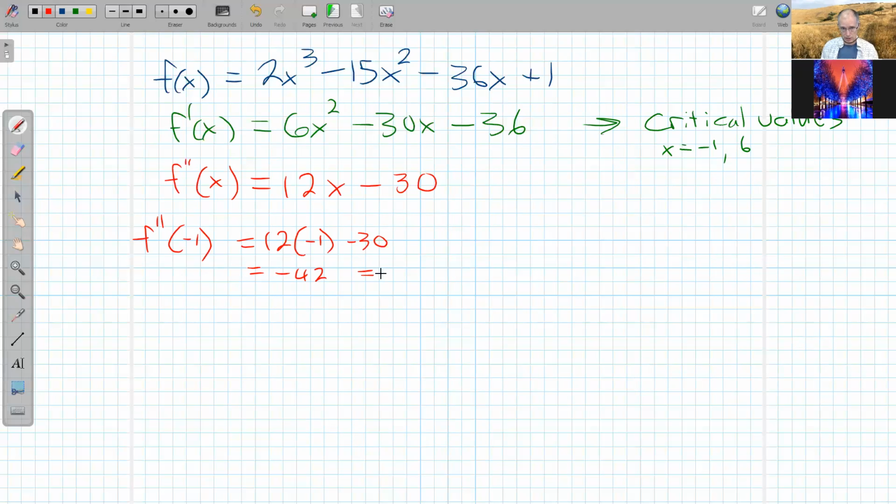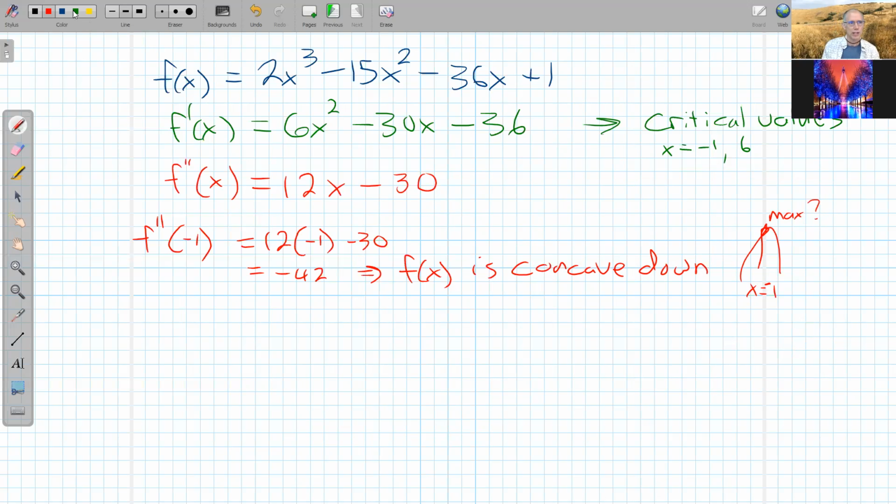That implies that f of x is concave down there. So if f of x is concave down and my slope changes sign there, which is what the critical value tells me, then shouldn't that be a max?